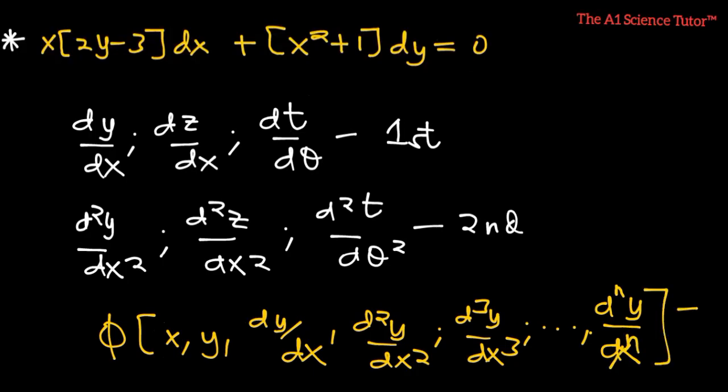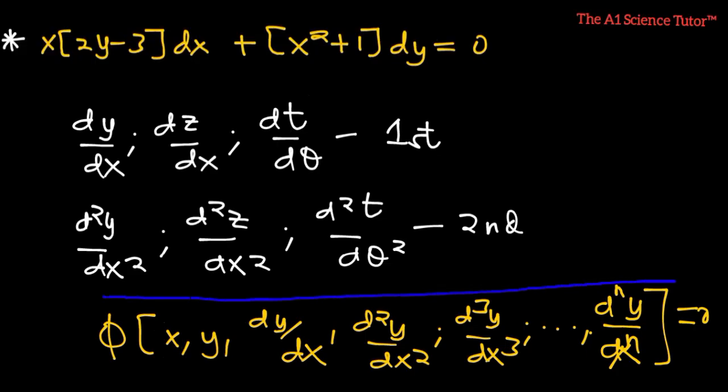So this is supposed to be equal to 0. Now this is a differential equation because these forms are actually equated to a number or at least something. So we know that this is a differential equation.